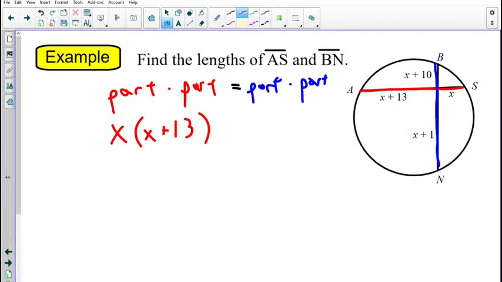So that's my part times part for the red segment. Equals my part times part for the blue segment. This smaller piece here is the x plus 10. The other piece here is x plus 1. That is my part times part for the blue.